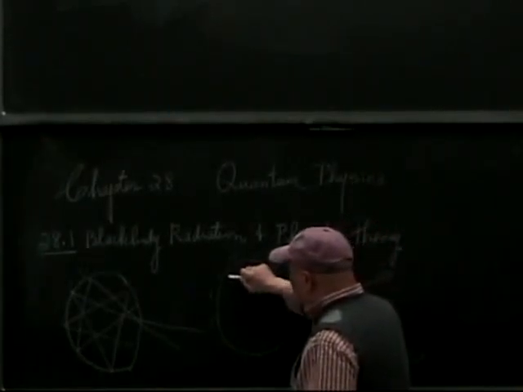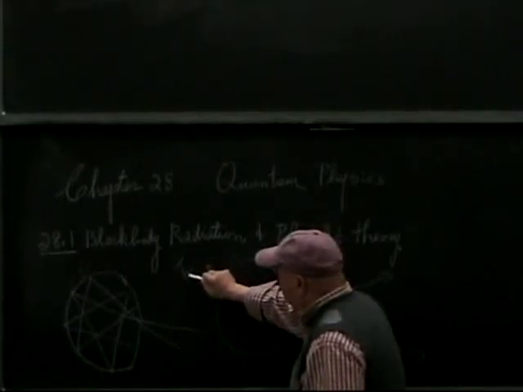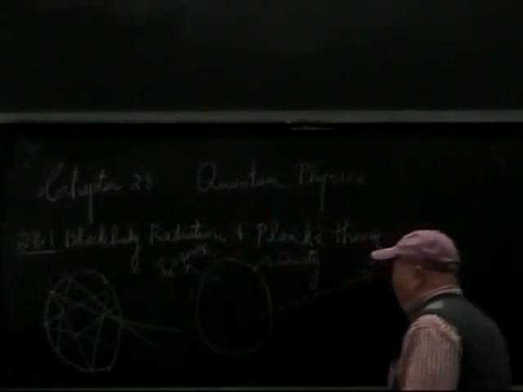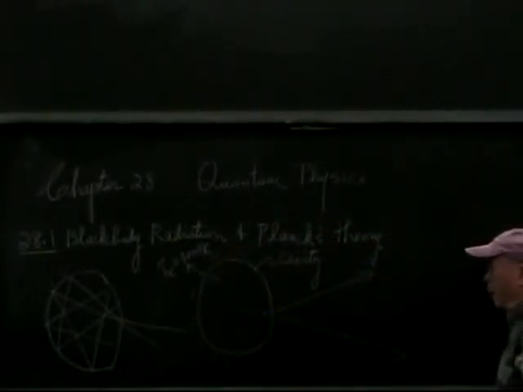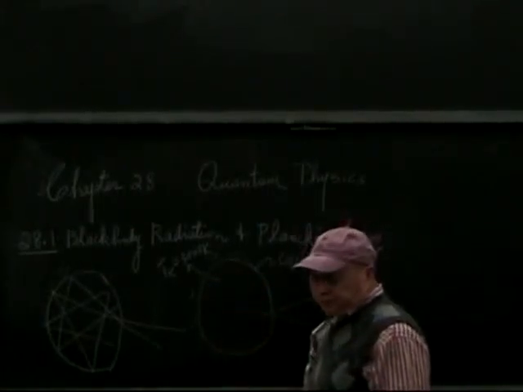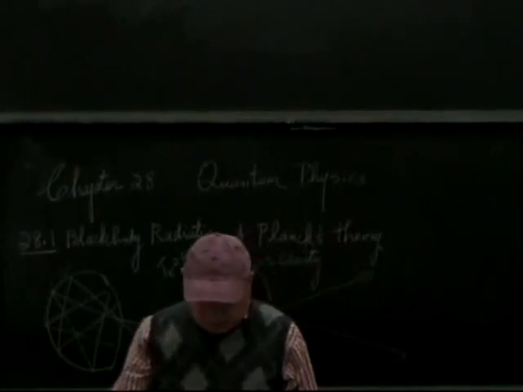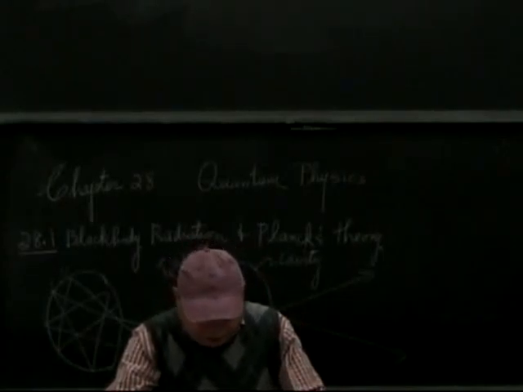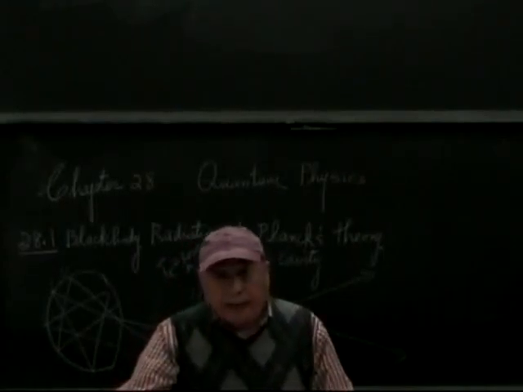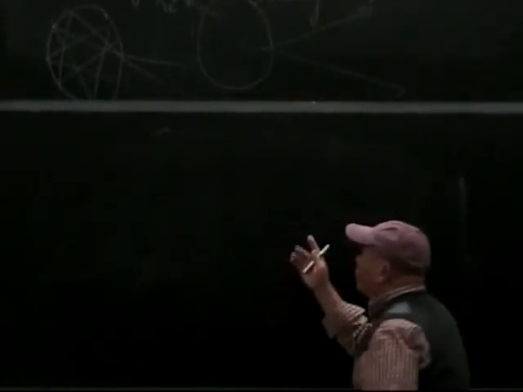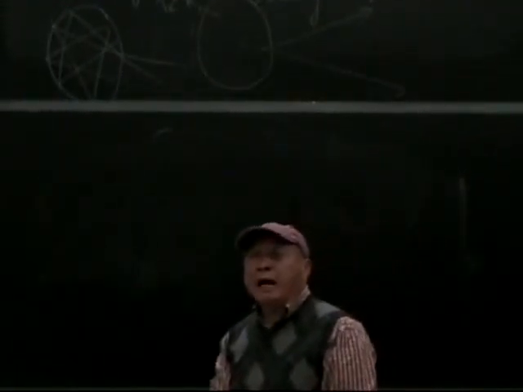If this has a color temperature T sub K, like 3,000 degrees Kelvin, they use this to model this feature, and Planck did a very good job on this. The best example in lighting is tungsten.